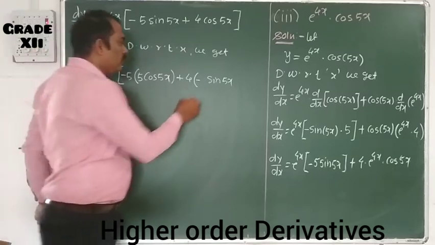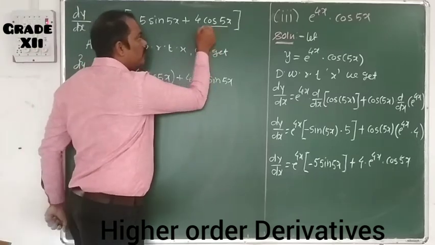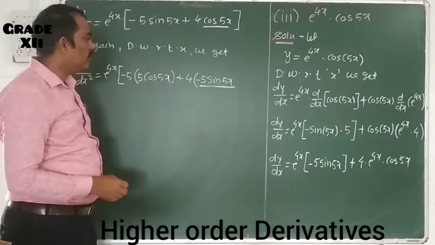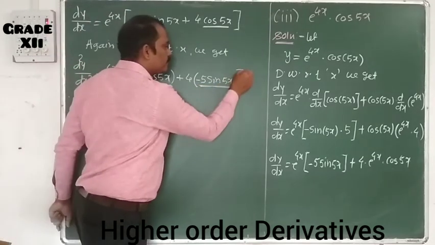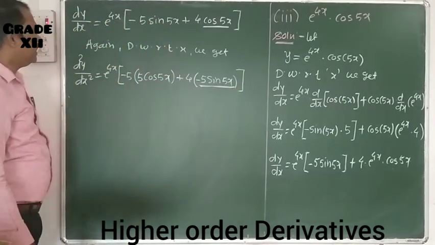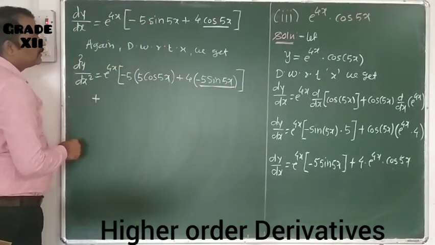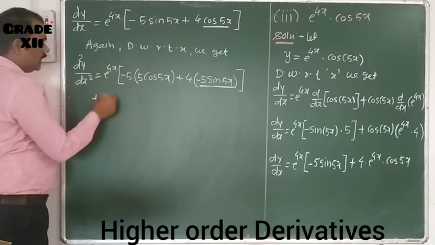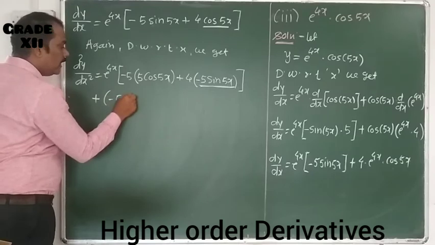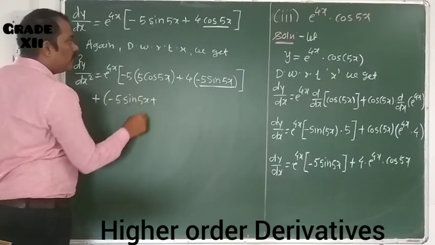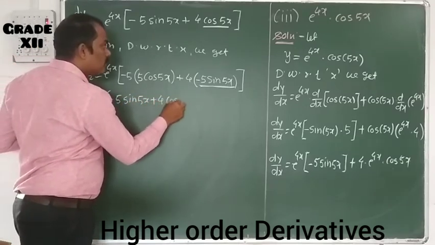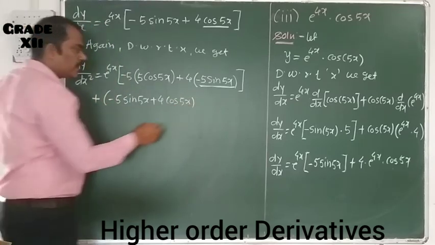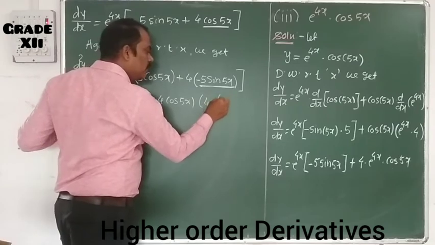It is nothing but 5, that is whole derivative of cos of 5x is nothing but minus 5 times sin of 5x. This bracket is complete here, plus first function as it is, minus 5 times sin of 5x plus 4 times cos of 5x, into derivative of second function, e raised to 4x, it is nothing but 4 times e raised to 4x.